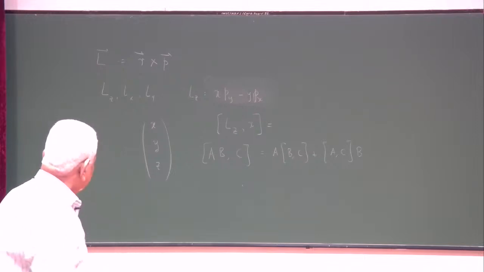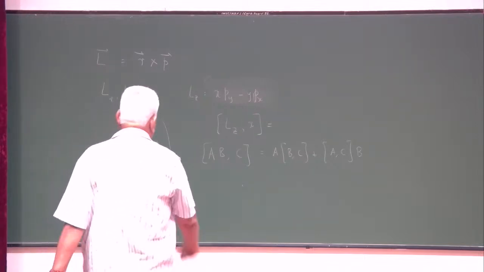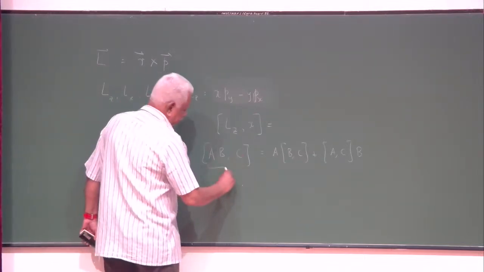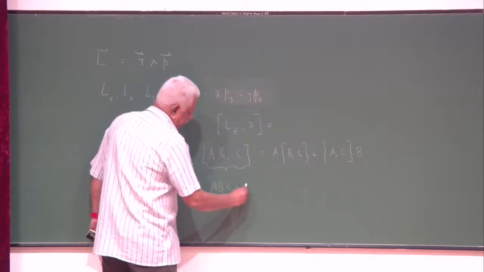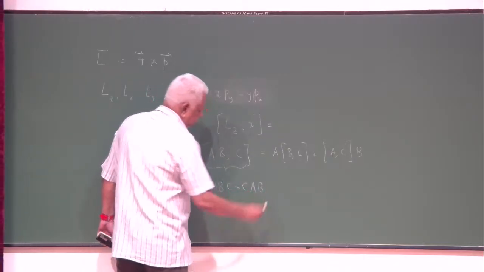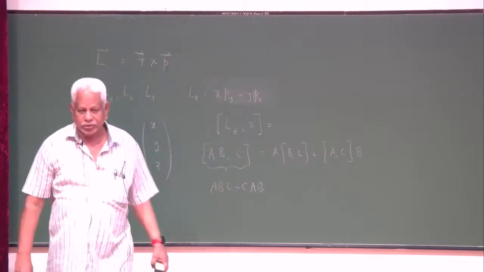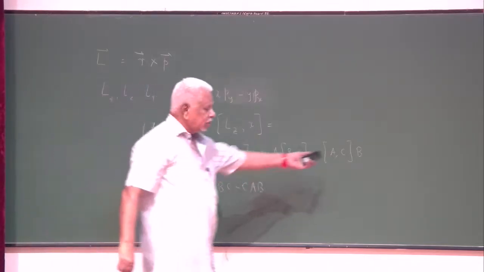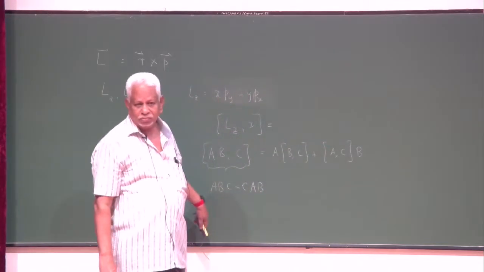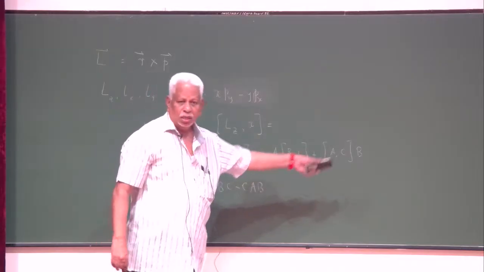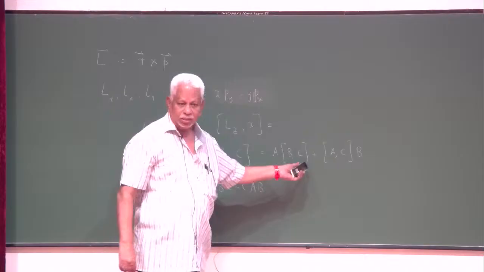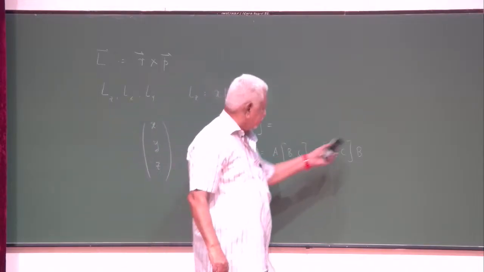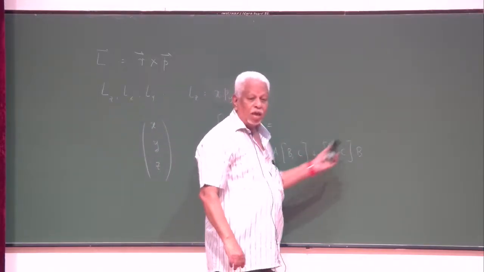This uses the fact that the commutator of AB with C is ABC minus CAB. If you expand this, you will find ABC minus ACB, and similarly ACB minus CAB.